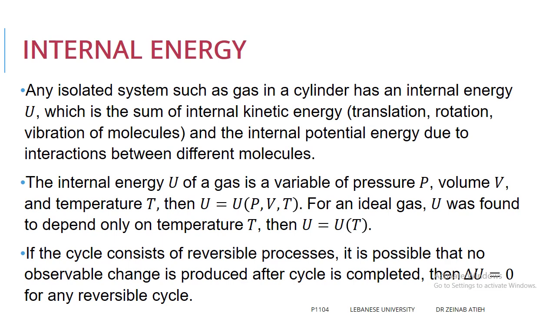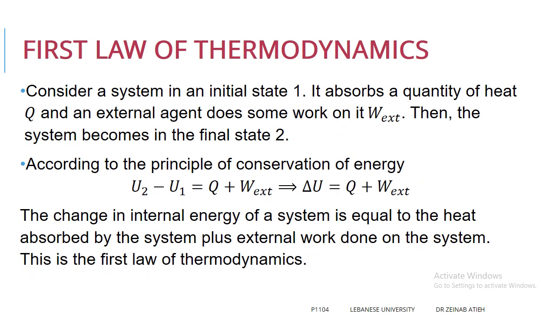Because the internal energy depends on temperature, if I start from initial temperature T1 and end up with the same temperature T1, so same initial and final temperature, my U will not change. So I can say that delta U is equal to 0 in this case, and the variation of the internal energy in case of a cycle is equal to 0. I'm going fast because I have already explained them.